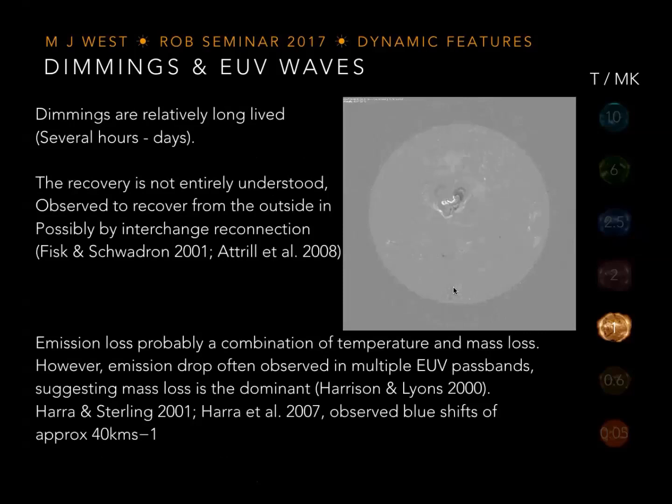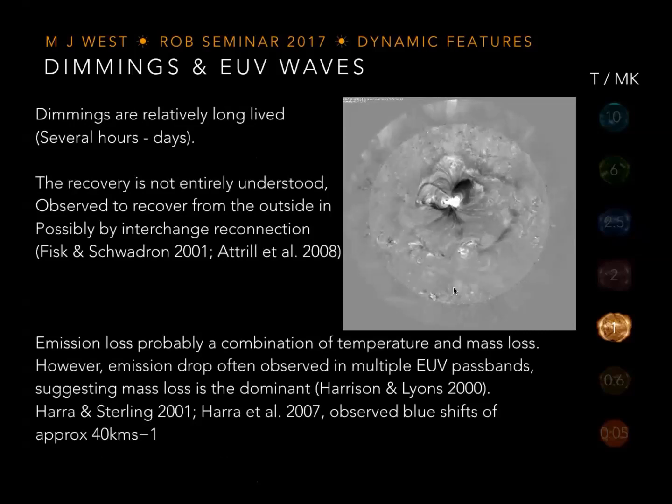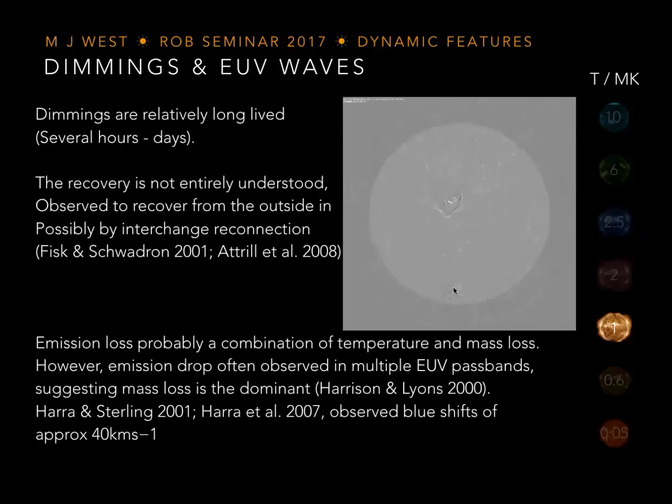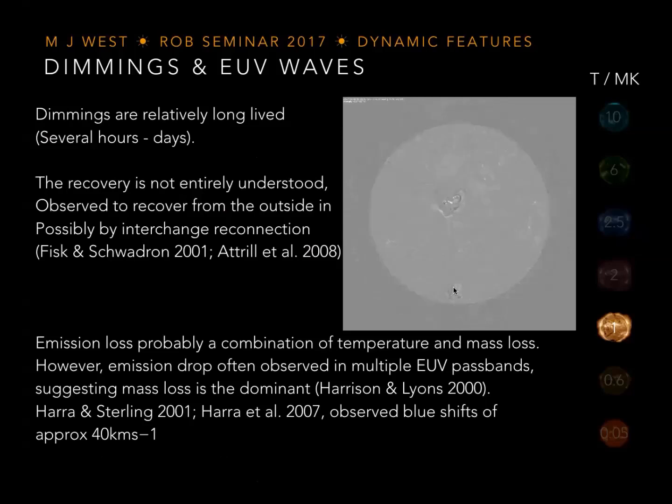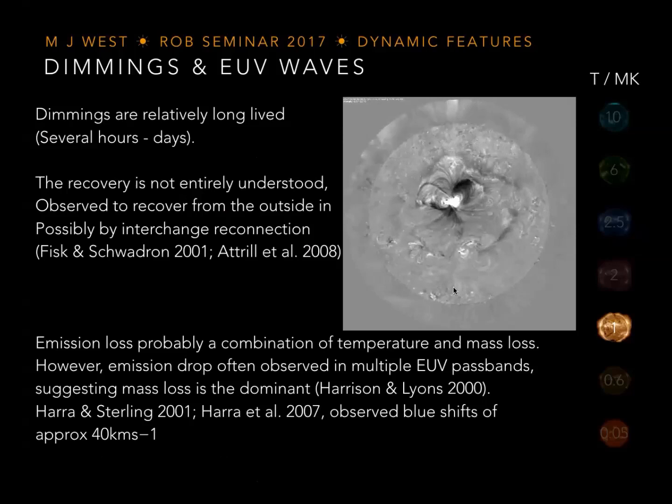The dimmings are relatively long-lived structures, and they can be seen from hours to days. And this could be related to whether the dimmings are still connected to the eruption that they were associated with, and perhaps if there's still the opportunity for emergent flux to escape, and they could therefore remain darker longer, a bit like a coronal hole region.